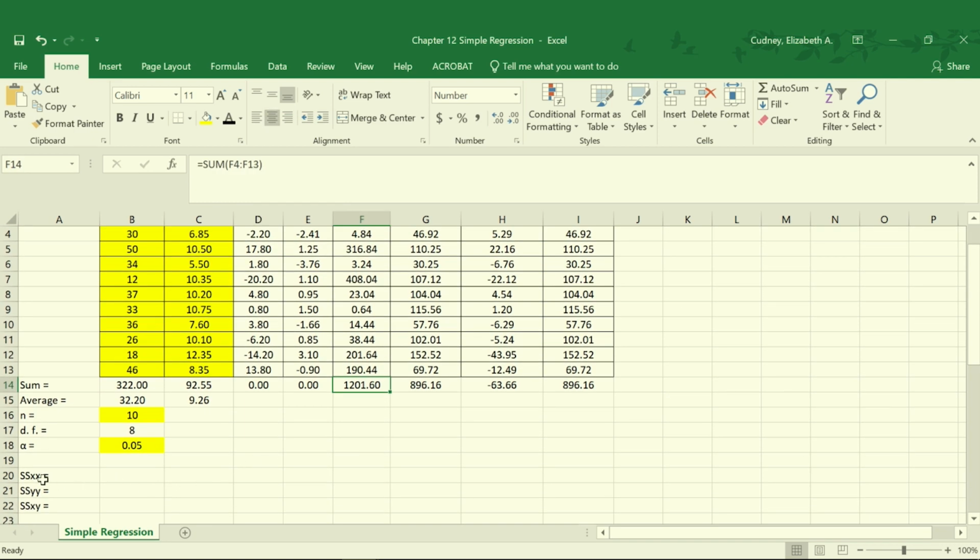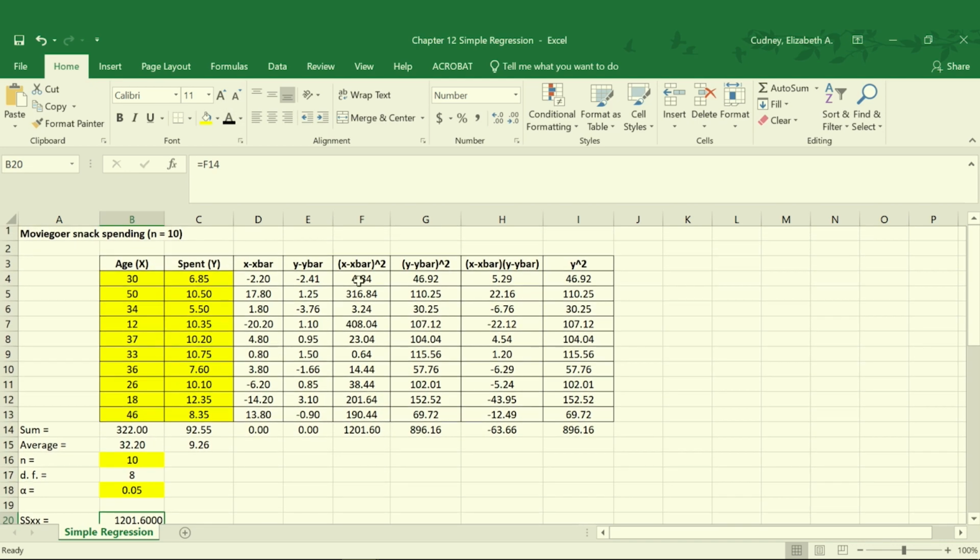So for our sum of squares for xx, this is our value from F14, which is our x minus x bar squared, and we took the sum of that column.